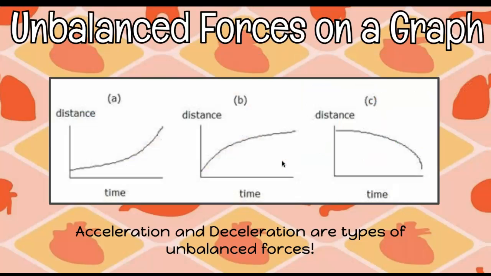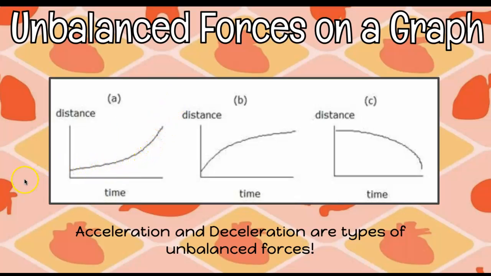When we graph unbalanced forces, you will see a lot of curves. You're not going to see diagonal constant speed lines. You're going to see curves because unbalanced forces represent those key points with acceleration: speeding up, slowing down, or changing direction. So in the first graph here, you see acceleration. It's like the car gets going and it hits that gas pedal and it really starts going.